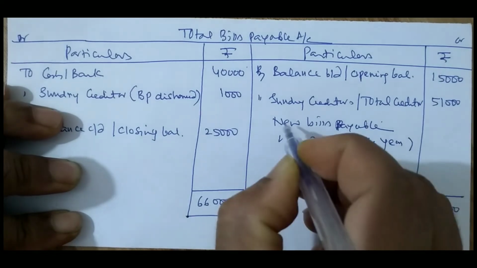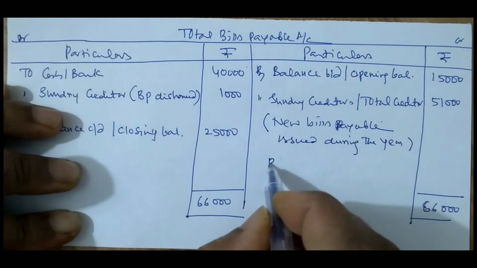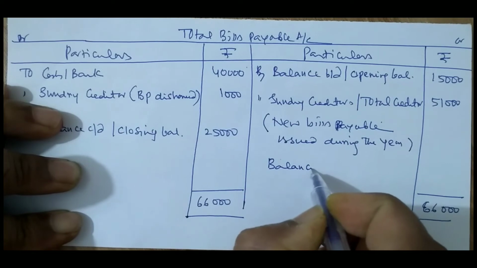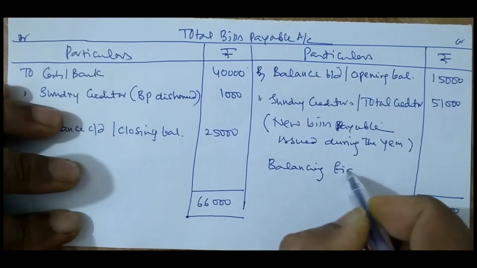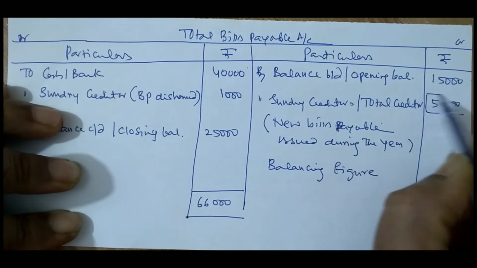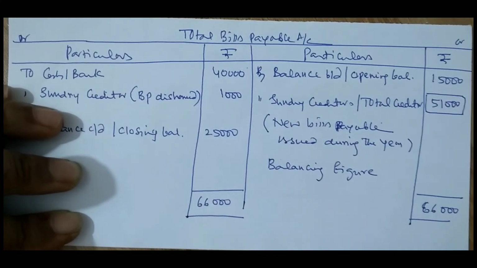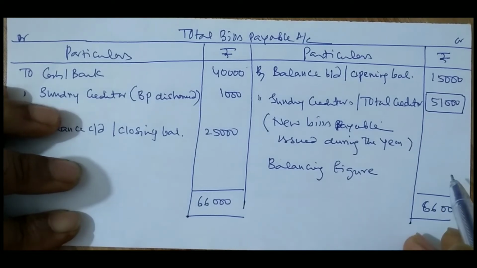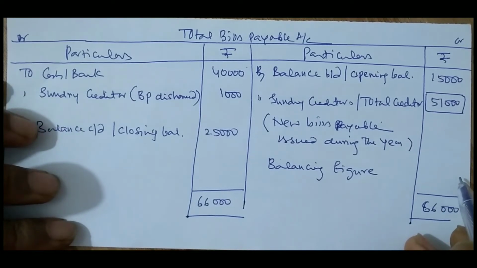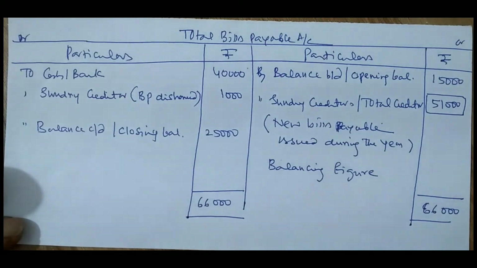So this is the balancing figure in this problem. So this must be transferred to total creditors or sundry creditors to find out total purchases made by the business.